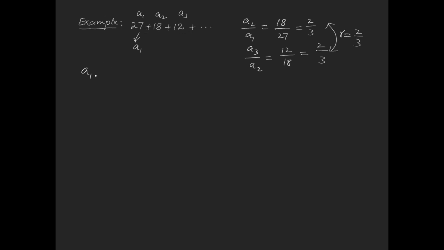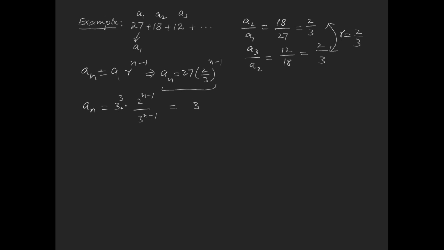Now what is the general term? The general term is a1 r power n minus 1. This means the general term is, what is a1? 27, and what is the value of r? 2 by 3 to the power n minus 1. So now this is the general term. But if we simplify this general term a bit more, then 27 is written like this, and distribute this power n minus 1 on 2 and 3, and we are getting 3 power.